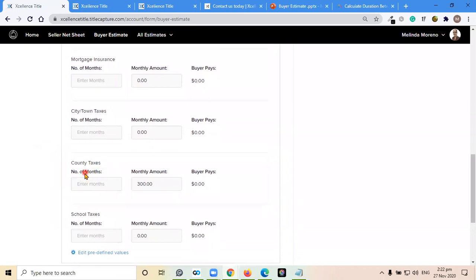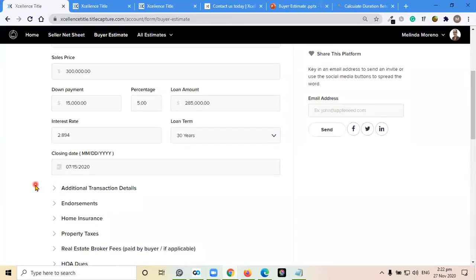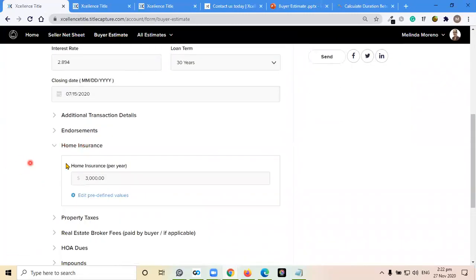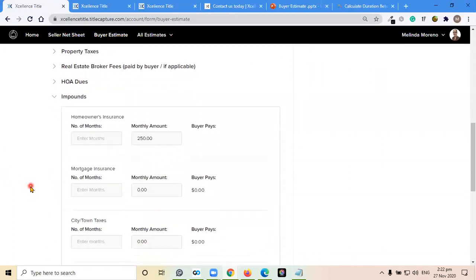All right, so in this example, the annual home insurance amount is $3,000. And on the day of closing, the buyer will need to pay that amount upfront, which covers 1 whole year of home insurance payments, plus 2 months in advance payments as a cushion, which is going to be under impounds right here in this section.